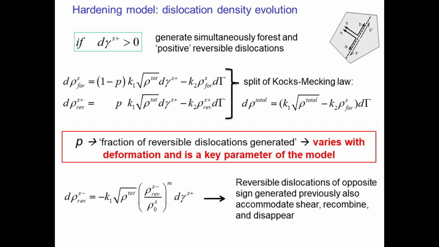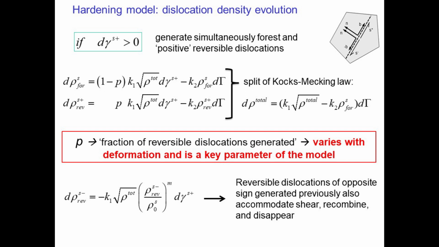So for monotonic loading, this model doesn't really help you much, because the sum of these two things gives you the Kocks-Mecking law. Now, if you already had reversible dislocations in that system coming from a previous process, then when you apply a shear in the positive sense, you are going to get a change of the reversible dislocations that are in the other sense.